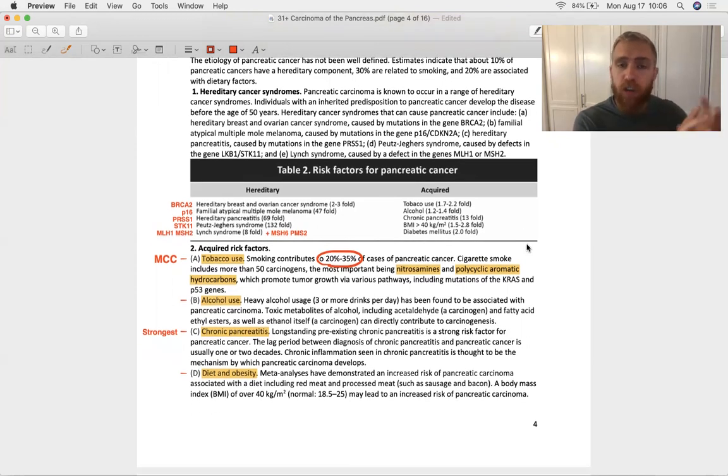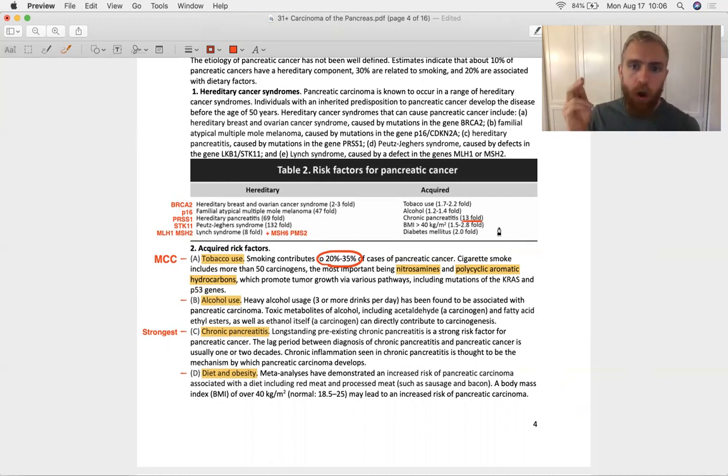Smoking is the most common acquired risk factor for pancreatic carcinoma, but if they ask what's the strongest, I feel like they wouldn't word it like that. If I were writing the question, there's a difference between most common and most important. If they ask for what's got the greatest risk, it's chronic pancreatitis, because if we look over here at the table, if you have chronic pancreatitis, you've got a 13-fold chance of acquiring pancreatic cancer.